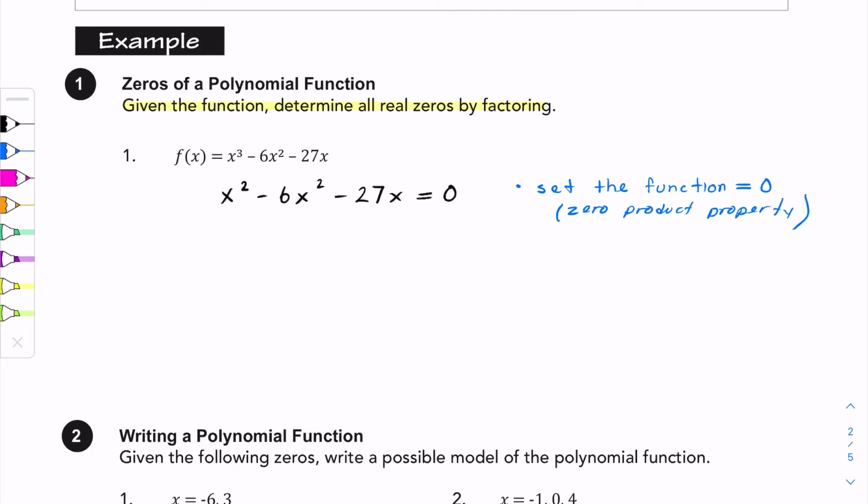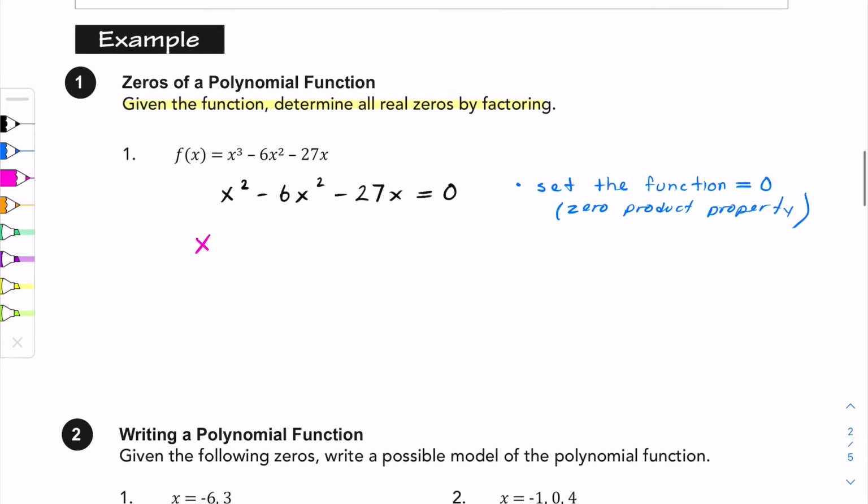Okay, this function here has a GCF of x. Once we factor that out, we're left with x squared minus 6x minus 27, and this is equal to 0. So we need to factor this expression, and I'm just going to jump right ahead, use the shortcut method of factoring.